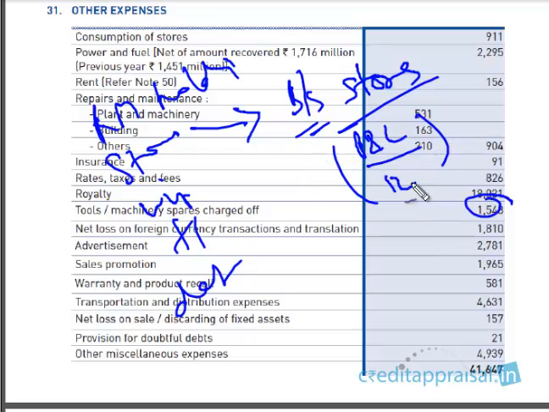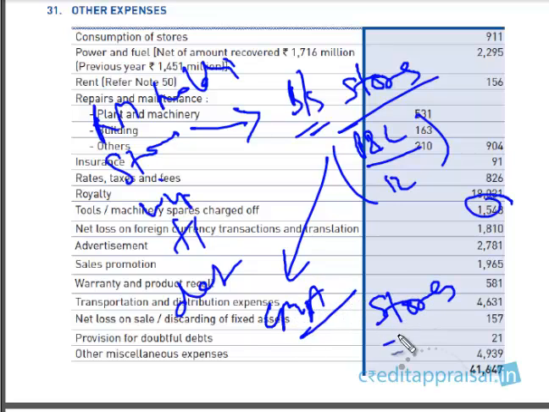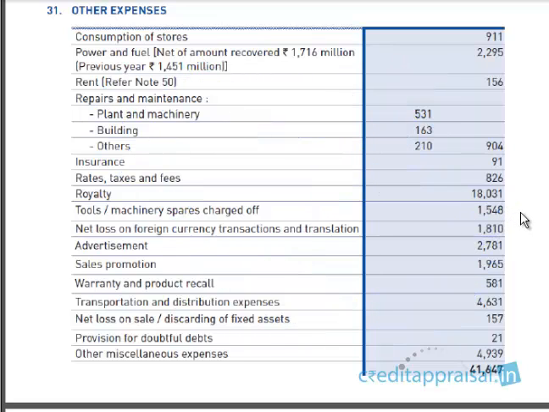So this stores and spares will be picked from the figure appearing under the stores and spares head of the CMA data. If you add this figure here, it will actually present a wrong picture. So let us have only the consumption of stores in the CMA data, and this 154.8 crores, let us place it under the other direct expense, so that the holding levels for stores will be accurate.